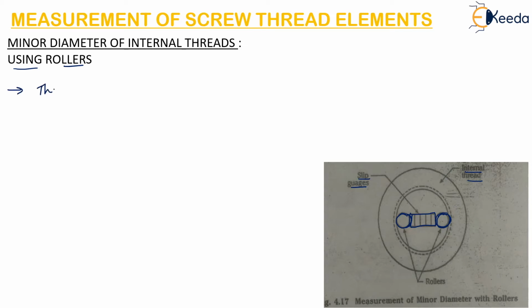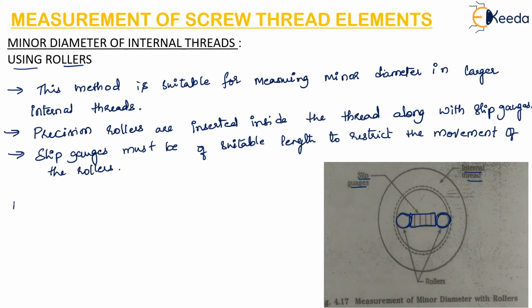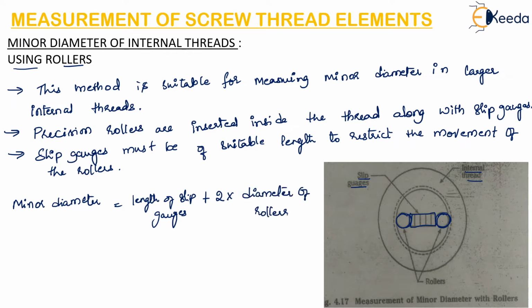For this method, the minor diameter of the internal threads can be written as the length of the slip gauges plus 2 into the diameter of the rollers. In this way we can calculate the minor diameter of the internal threads.